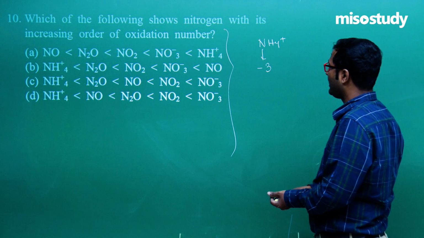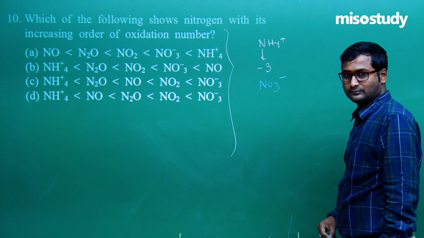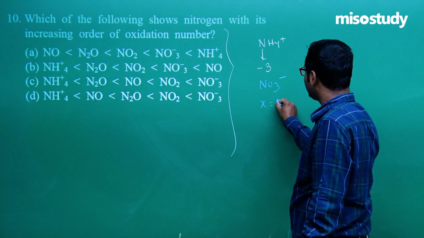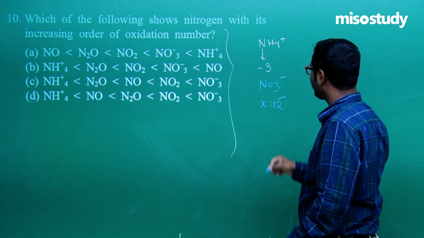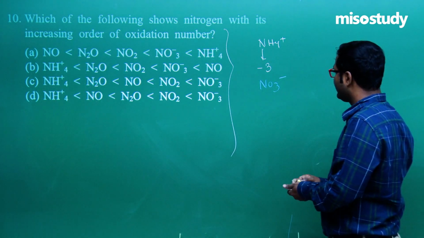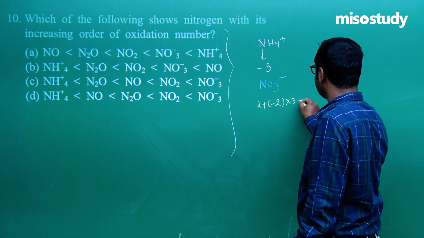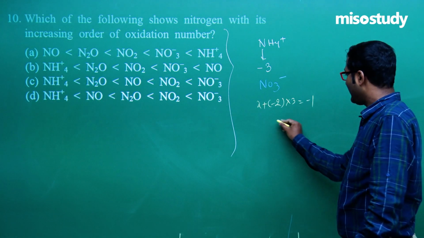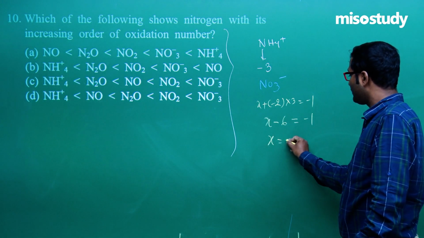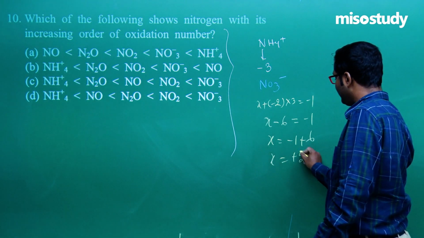If I talk about NO3 minus, what will happen? Do we need to solve the question, or X is equal to plus 5, nitrogen is in +5 oxidation state. If you have any problem solving this, look, put here X plus -2 into 3 is equal to -1, X minus 6 is equal to -1, X is equal to -1 plus 6, X is equal to +5.